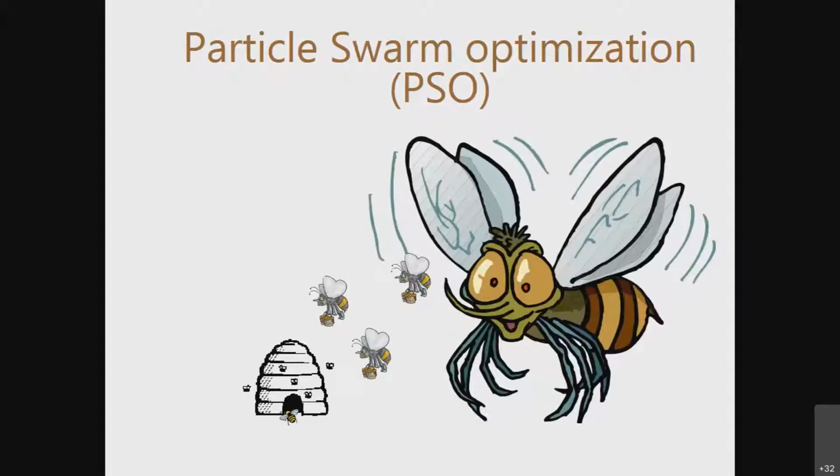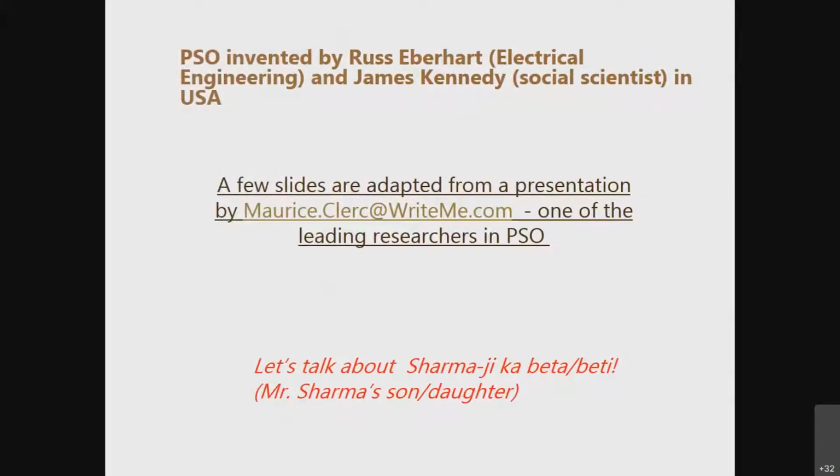Interestingly enough, even though this is used in computer science a lot, this method was originally discovered jointly by a social scientist and an electrical engineer back in 1995. These are the two people, Eberhart and James Kennedy. The original idea came from Kennedy, who was thinking about how to use a grouping behavior and individual contributions to a group to improve the overall group dynamics.